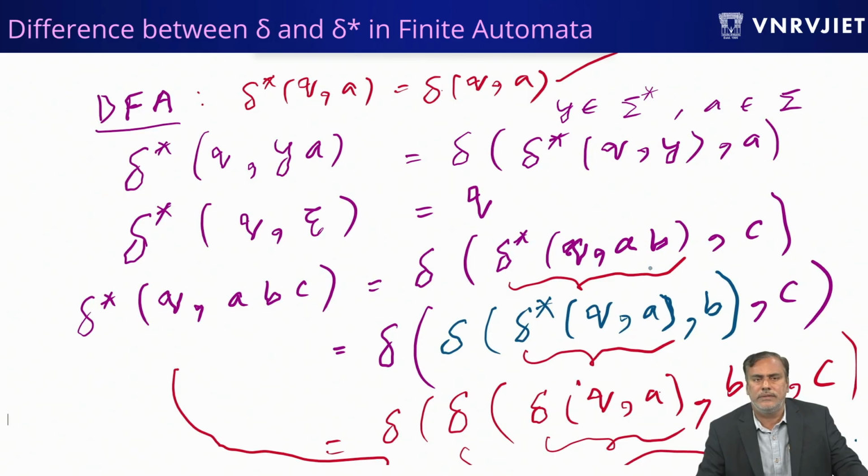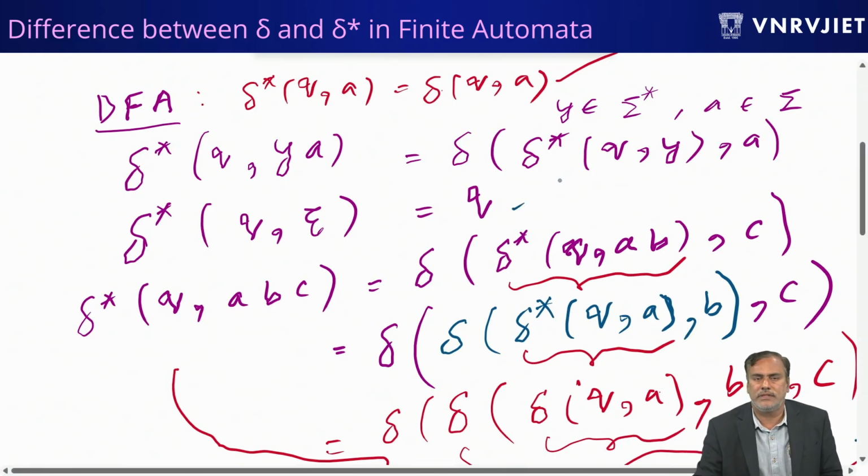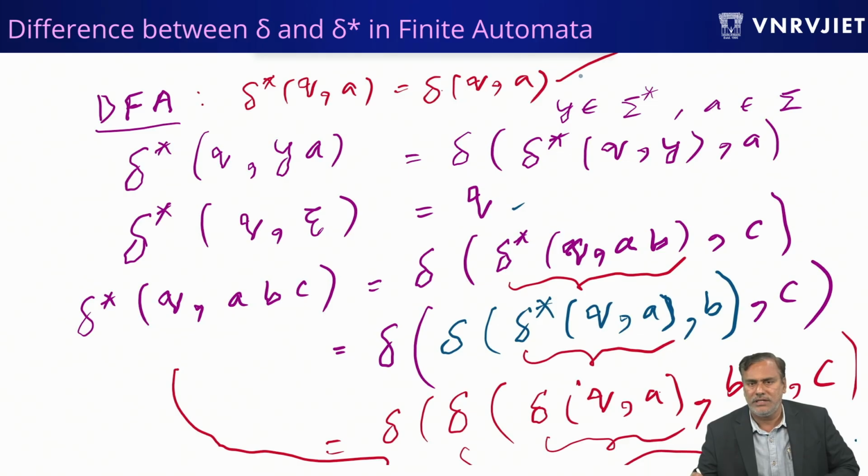Delta star of Q epsilon is Q itself. Delta star of QA is equal to delta of QA. You don't find any difference at all with respect to a single input symbol. A is a single input symbol, A belongs to sigma. So delta star of QA is delta of QA.